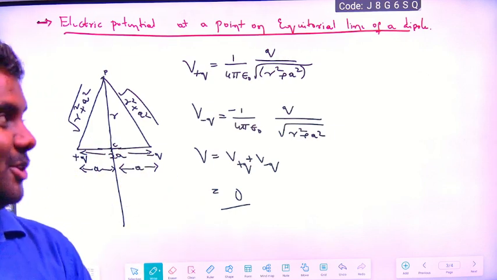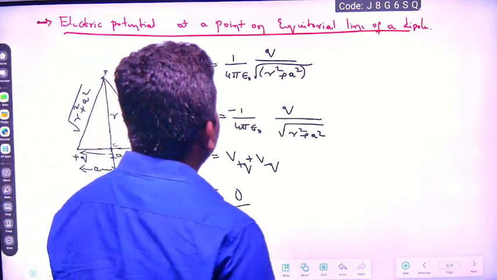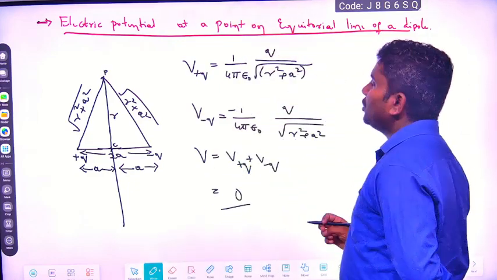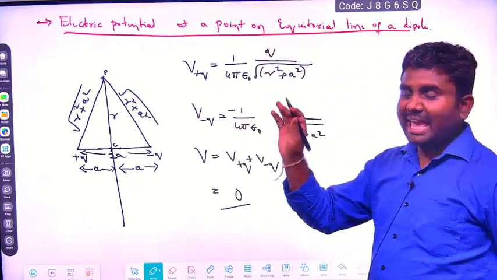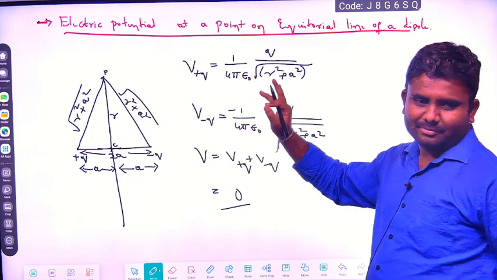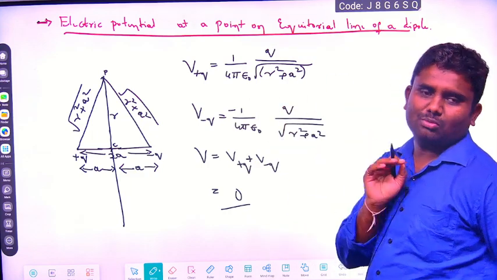Understood? Okay, please take this. So the potential at any point on the equatorial line, where the point is equidistant from both the charges, is 0.